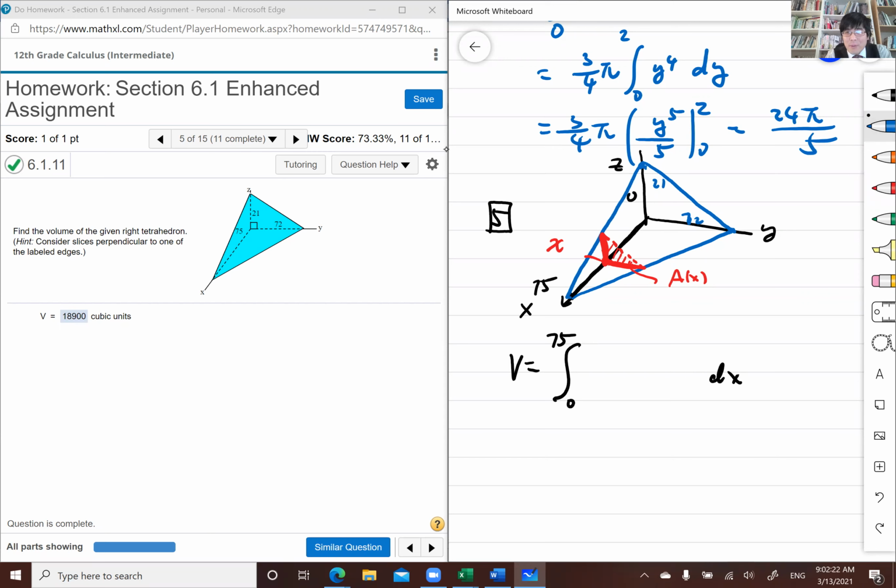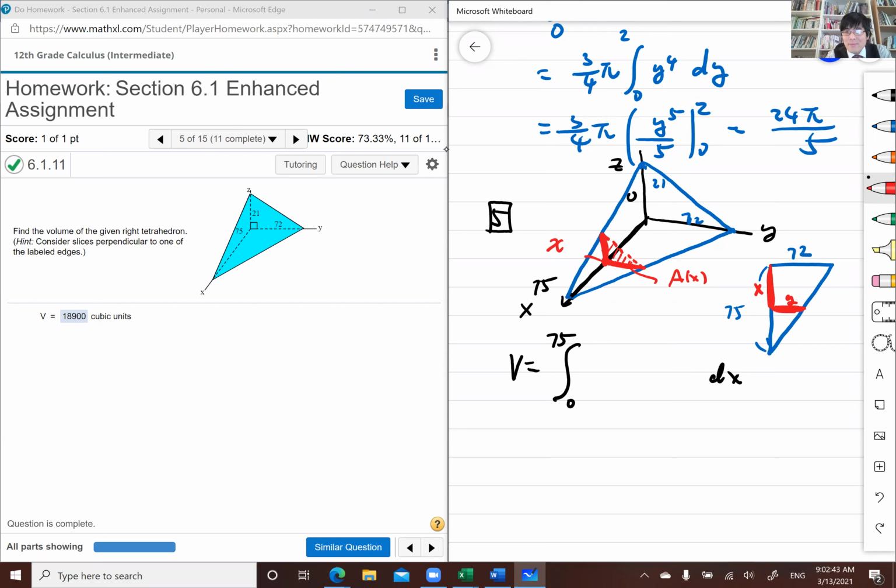Now looking at the bottom, looking at the XY plane, the larger triangle has a 72 here and a 75 here. And we know this is X, and we want to know this length here. So what is this?